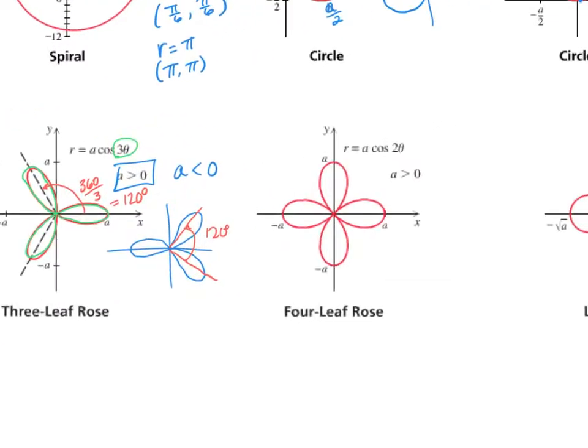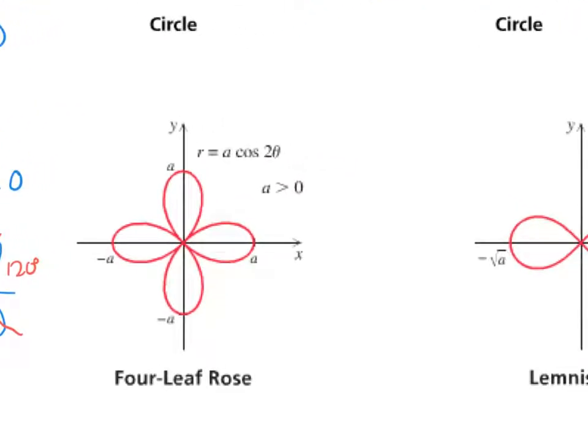Now, let's look at the r cosine 2 theta. So if I have r is equal to a cosine 2 theta, I still got a distance a. My leaf length is a, and minus a and minus a. But notice this is 2 theta, but I actually have 4 leaves.